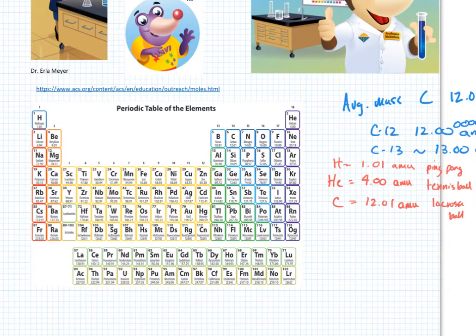This analogy isn't perfect because the sizes aren't quite right, but you get the idea that one is lighter than the other. And if you started finding more and more of them, they'd always be in the exact same ratio. It's always 3x here, it's always 12x here. Magnesium is always twice as heavy as carbon every time we found one of those.